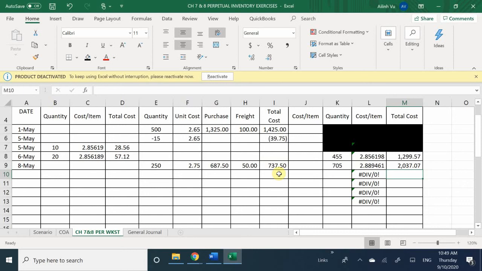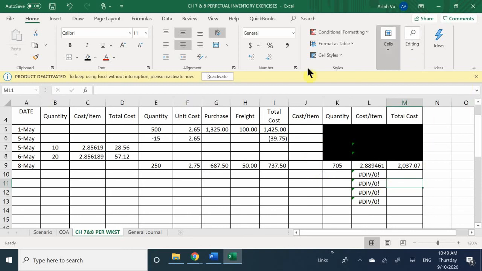We don't have this anymore, so I'm going to get rid of it. But yes, that's my new cost per item, and that's my new total value all added up together.